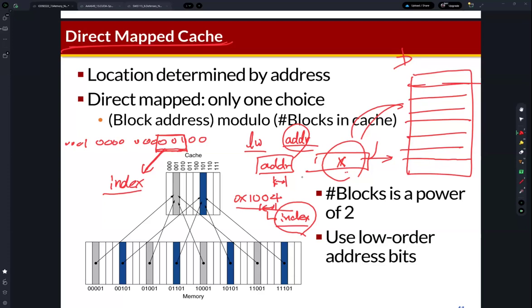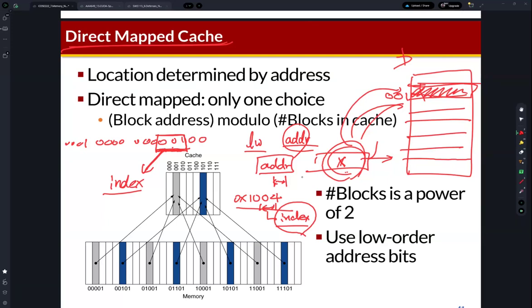So we use these 3 bits as the index of the cache array. Since this is 001, this data will be stored in cache index 001. This becomes the location of the data.